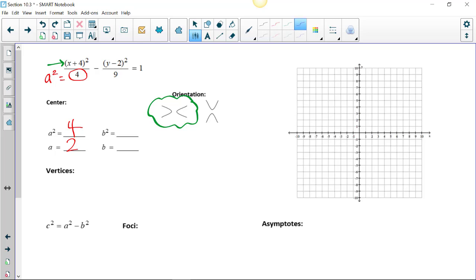That means then that 9 is b squared, so b is 3. My conjugate axis is going to be 6. So here we notice that a squared is less than b squared, which is totally fine in a hyperbola. In an ellipse, a squared is always larger.